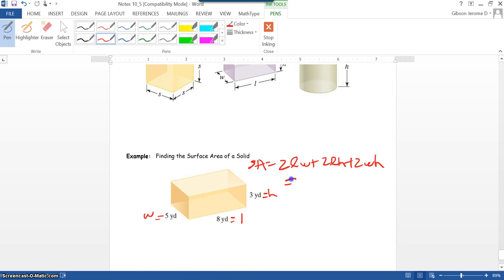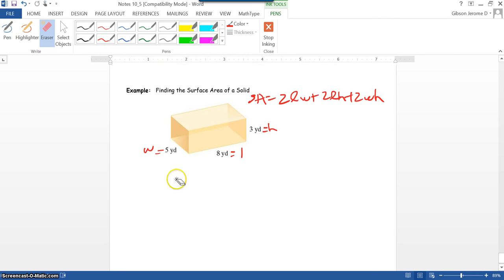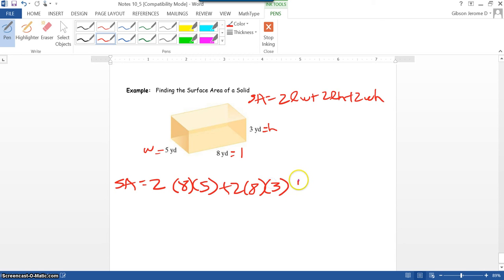The length here is 8, so we will have the surface area is equal to 2 times the length, which is 8, and the width, which is 5, plus 2 times the length, which is 8, and the height, which is 3, plus 2 times the width, which is 5, and the height, which is 3.